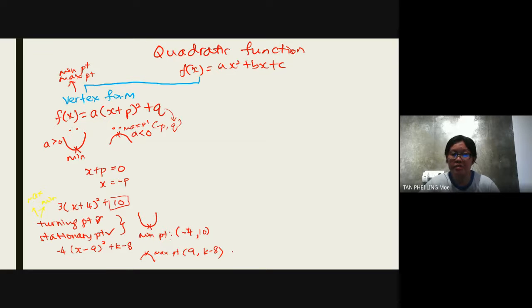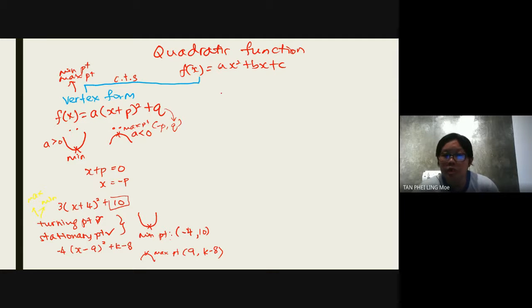All right, so this is about the information that you can get from a vertex form. It's very powerful. So how do you change the quadratic function into vertex form? Anyone? You have to do completing the square, right?